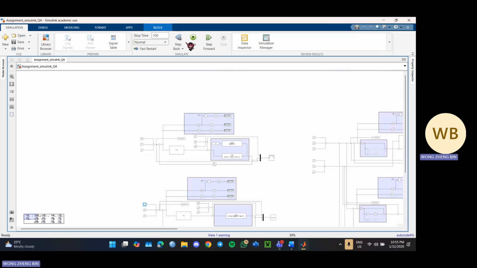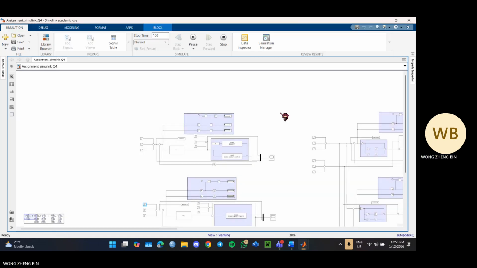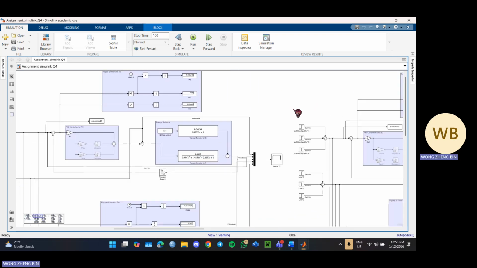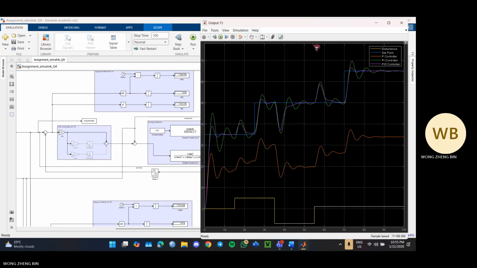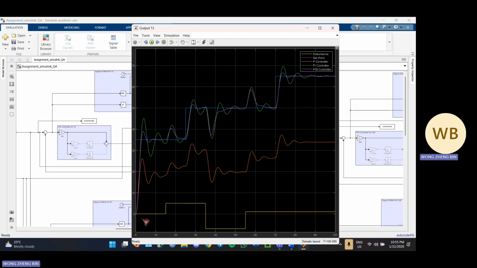Okay, so then we can run, and we can get the results. So this is the temperature for regulatory and no toolbox. As you can see, the disturbance is added asynchronously with the set point.